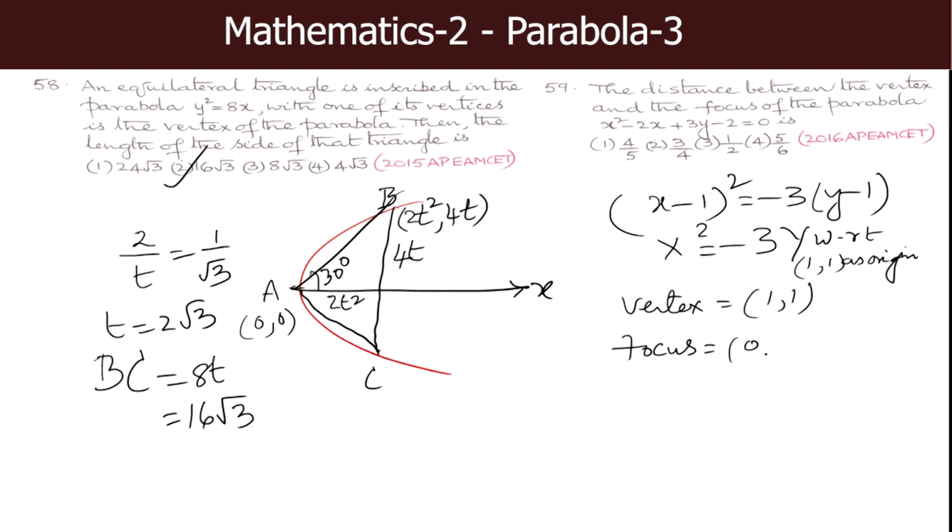So, 0, minus a. a means 3 by 4. With respect to 1, 1 as origin, or 1, 1 minus 3 by 4, that is 1, 1 by 4. Is it all right? So, this is the vertex and this is the focus in the given coordinate system. And then what is the distance between these two? That is 1 minus 1 by 4, which is 3 by 4.